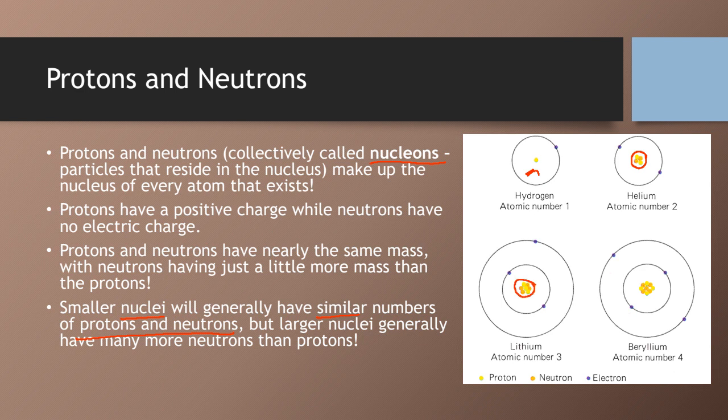Okay, in this picture, beryllium has 4 protons and what looks like 5 neutrons. So similar numbers. But when you get to larger nuclei, they generally have many, many more neutrons than protons. And we'll talk about why that is in just a few minutes, or in the next section.